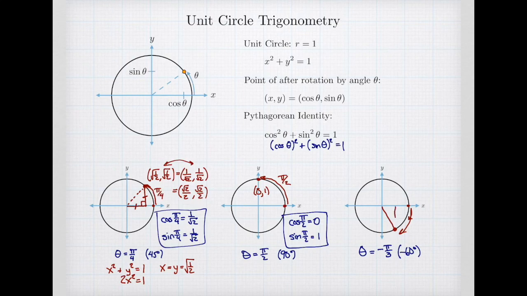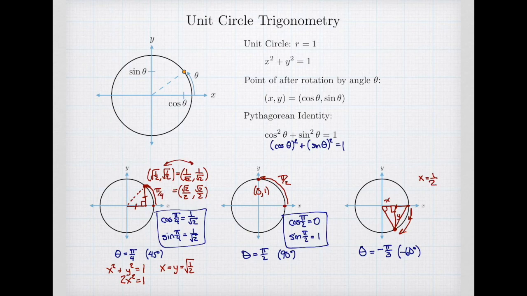So again, this is a right triangle. The x-coordinate and the y-coordinate, when I'm at 60 degrees, it's half of an equilateral triangle. So the other half is sitting here. And what that means is that my x-coordinate is a half. So x equals a half.